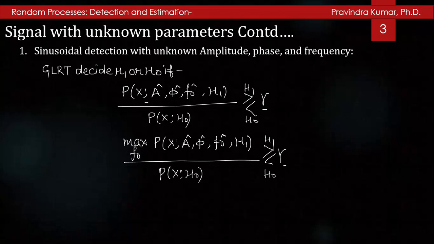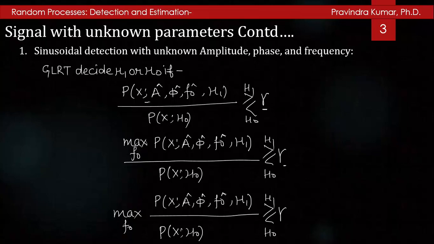Now I can also write this expression as the maximization over F0 of p(x; A cap, phi cap, F0, H1) divided by p(x; H0).